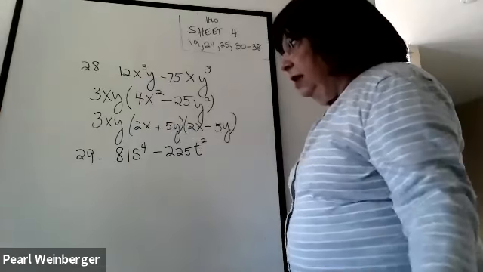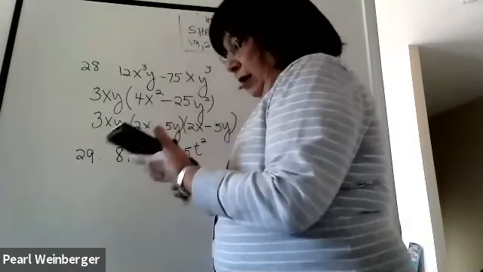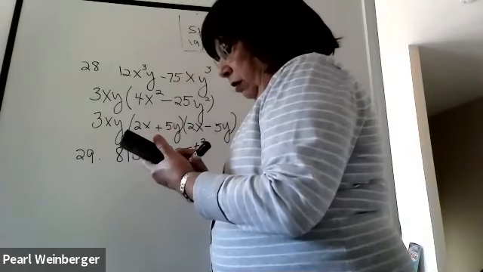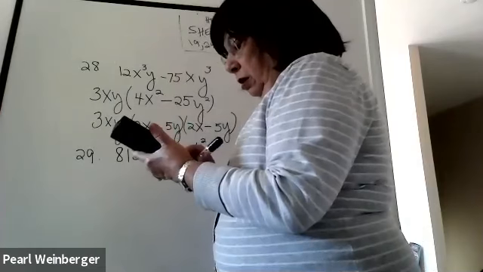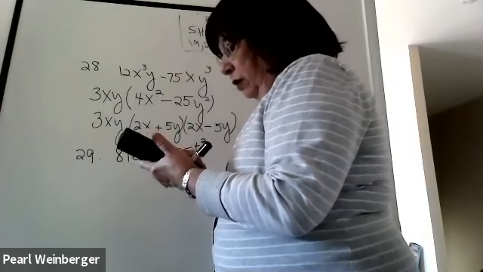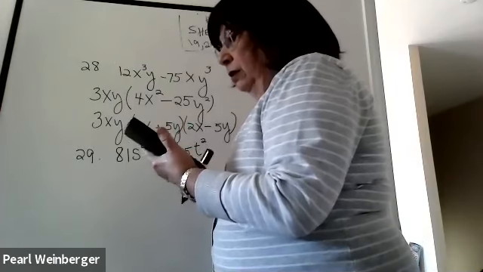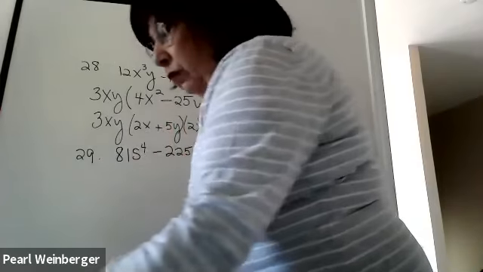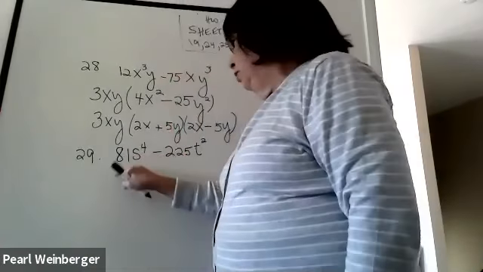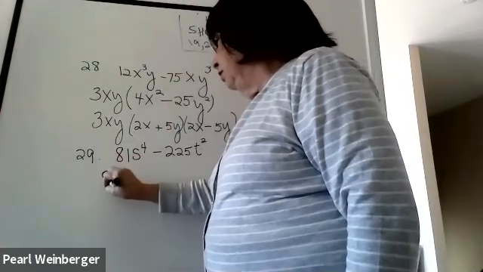And I think 9 goes into both of them. Let me check on my calculator. 225 divided by 9 is 25, yes. So the first thing I am going to do is take out my common factor of 9.